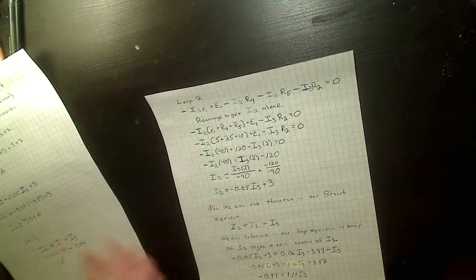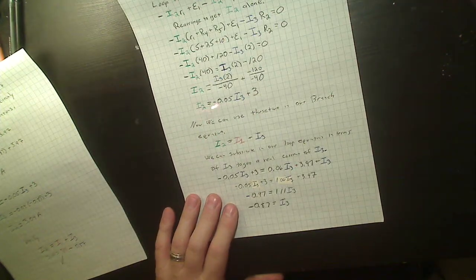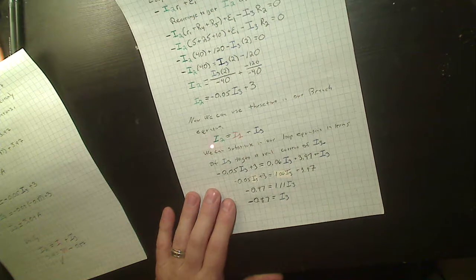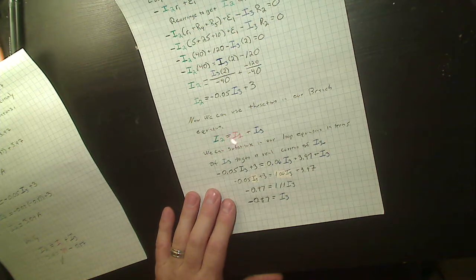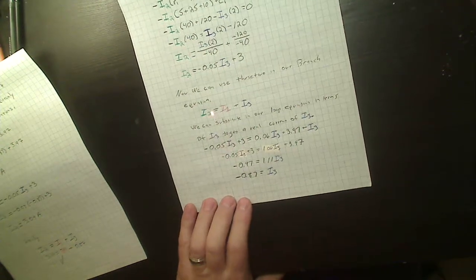Then we can take the equation that we just solved for I1 and the equation that we just solved for I2, and put them into this equation, I2 equals I1 plus I3. I've done that here.